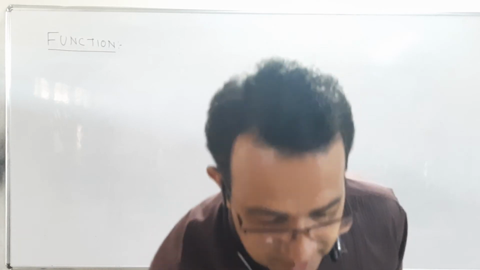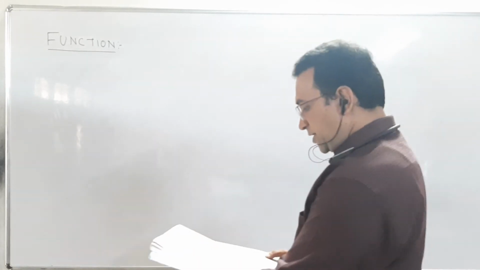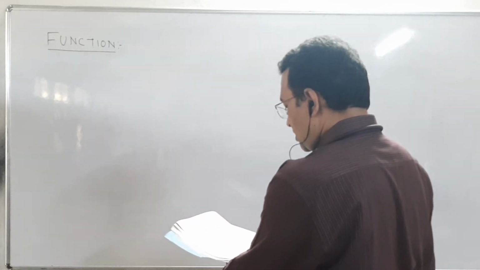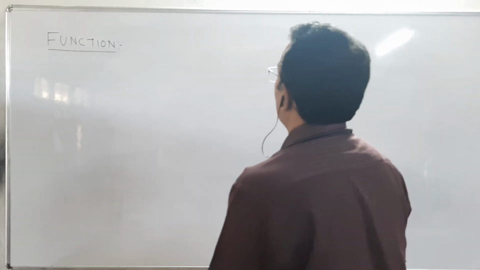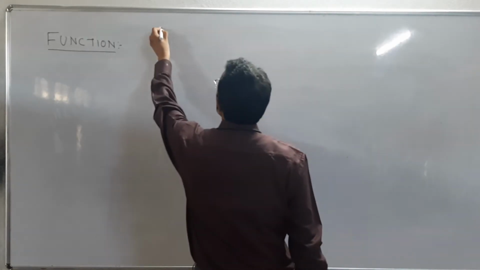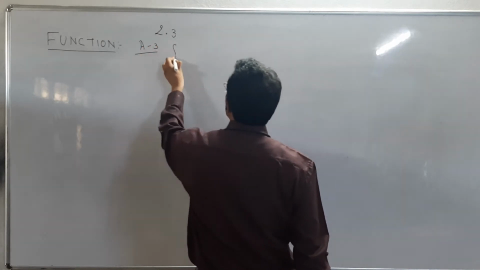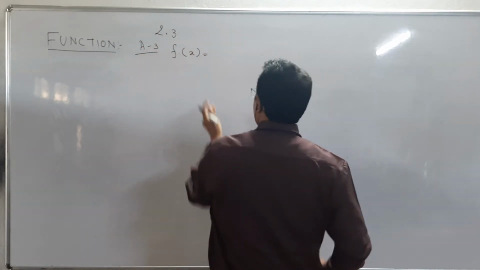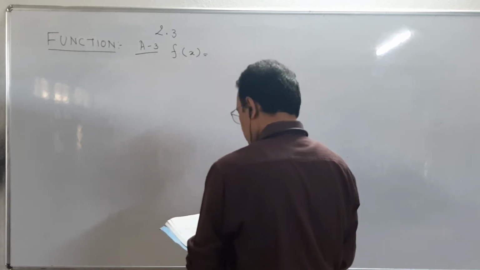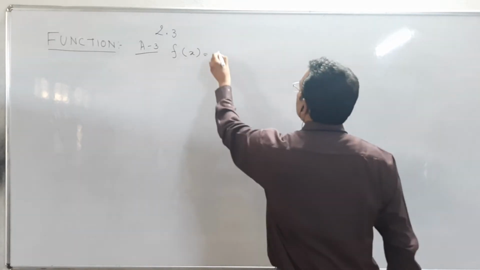The third question is, the functional rule is f(x) = 2x - 5. Find the values of the following. Okay, students, exercise 2.3, the functional rule is f(x) = 2x - 5.